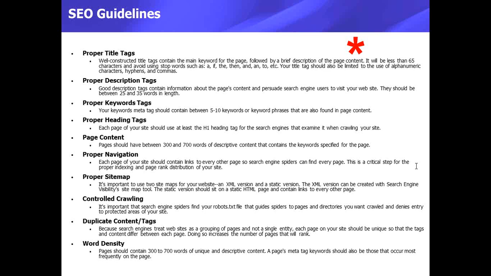It kind of gets into some nuances of metadata, again based on sort of anecdotal best practices, but you'll notice in proper description tags, I mentioned you'd want to write a description, but it shows that the sweet spot for that description is between 25 and 35 words. For keywords, 5 to 10 keywords is the sweet spot.